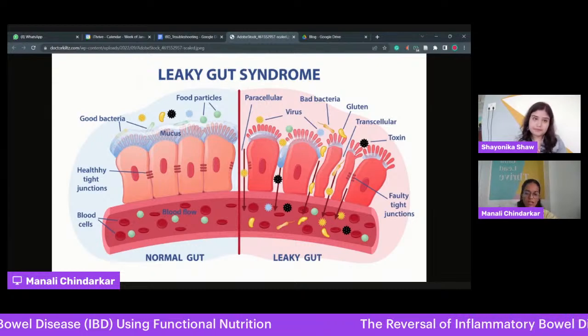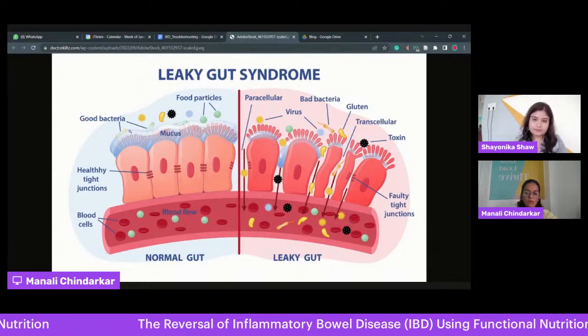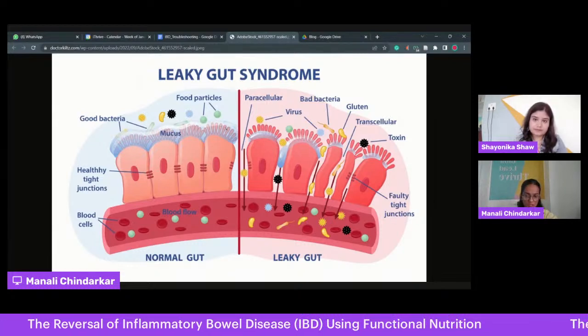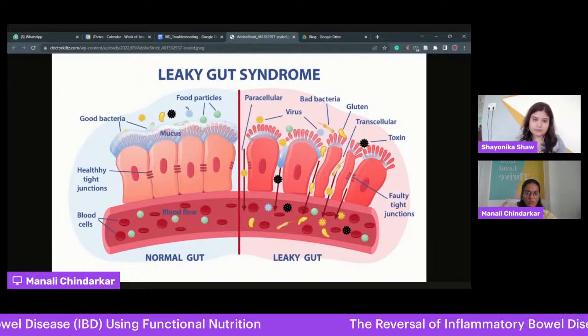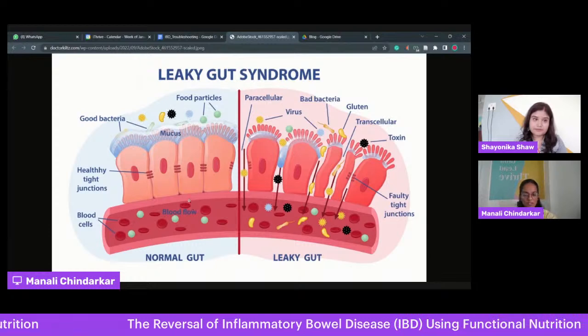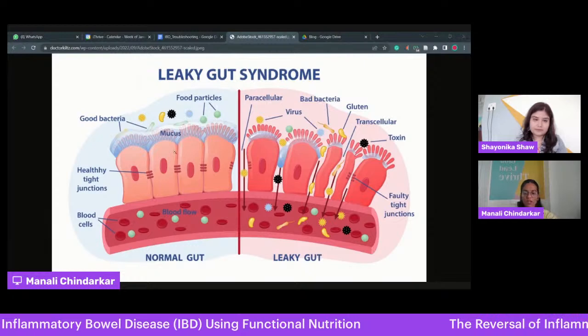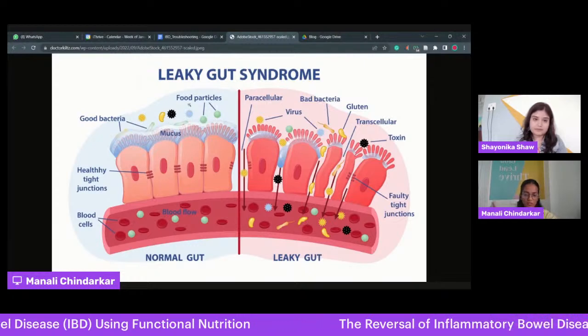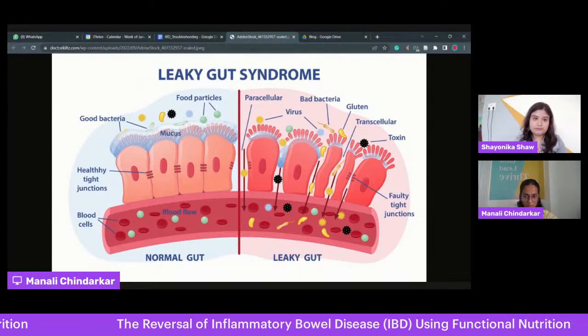They are healthy tight junctions with semi-permeability in between them. All the food particles, digested nutrients, water and electrolytes will pass through this, and the toxins or anything harmful won't be able to pass into the blood flow. So this is what we expect.